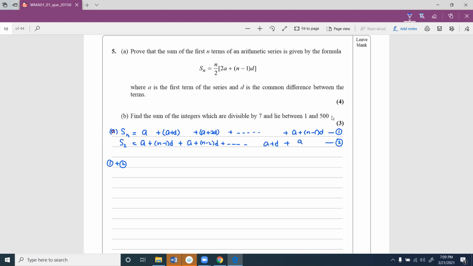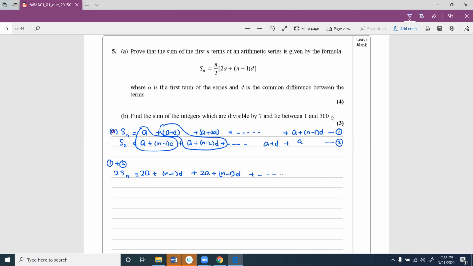Then you get 2 times Sn equals, if you add these terms, you will understand that it turns out to be 2a plus (n minus 1)d. If you simplify manually, here also the answer is 2a plus (n minus 1)d. All of these additions, first term to last term, second term to the term prior to that, are the same thing.